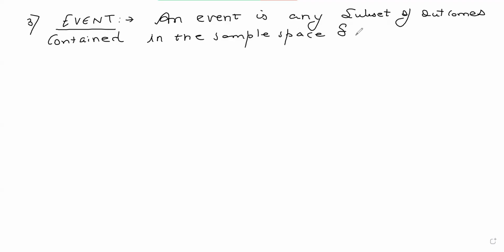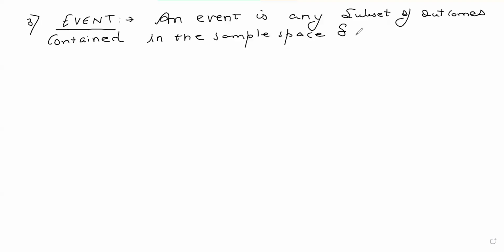That means from the sample space, if I take a subset. Now, to understand this, students should have covered set theory, something which we do in math at the high school level. When I take a subset from a sample space, that's called an event.